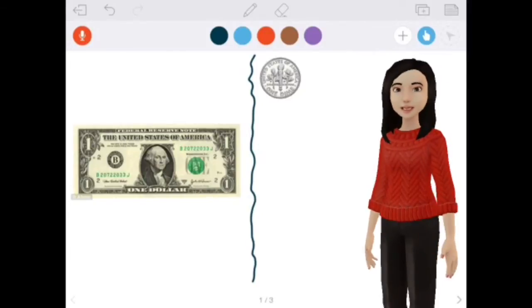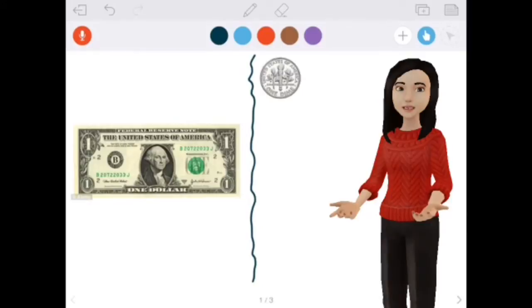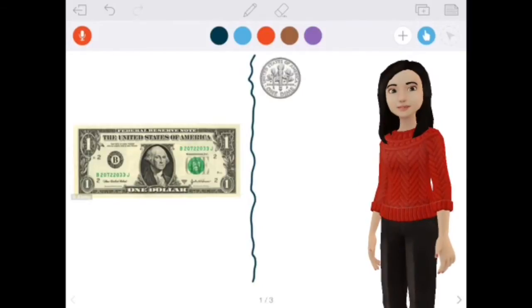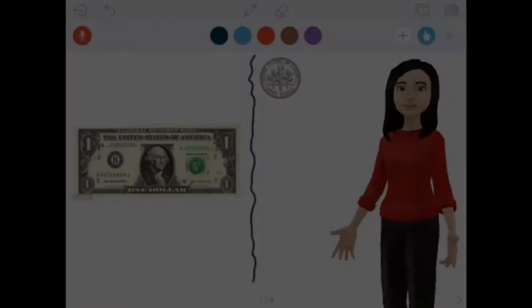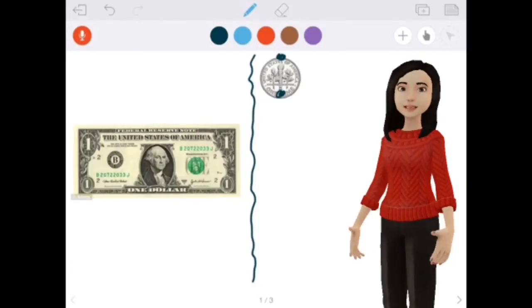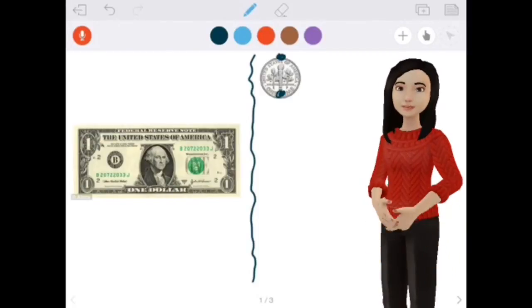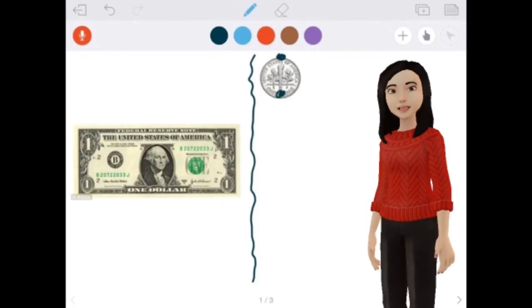Let's start drawing our touched point dots to skip count and find the total of 100 cents on both sides. I have 2 touched points on this dime. You can and I can skip count by 5s, or we can skip count by 10s.